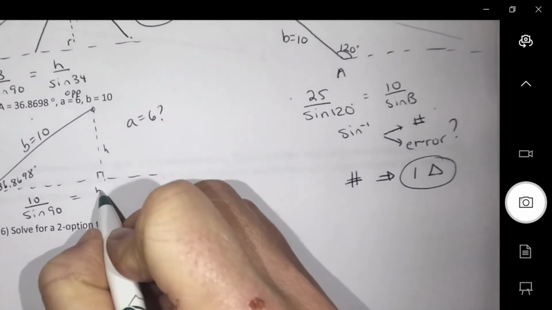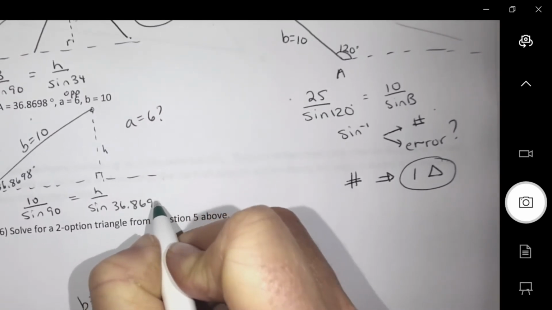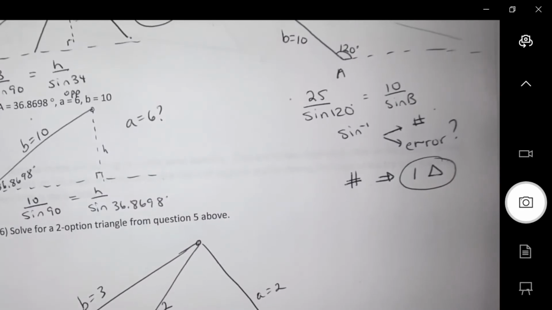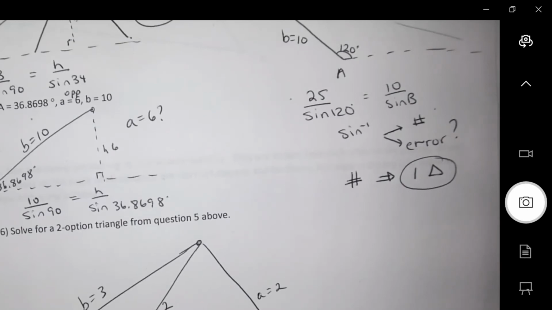And height over sine of that angle, I'm going to take all those decimals. I got 6 on that height.